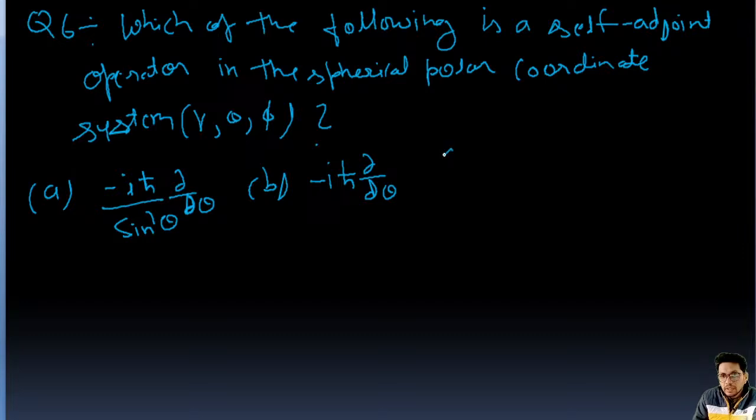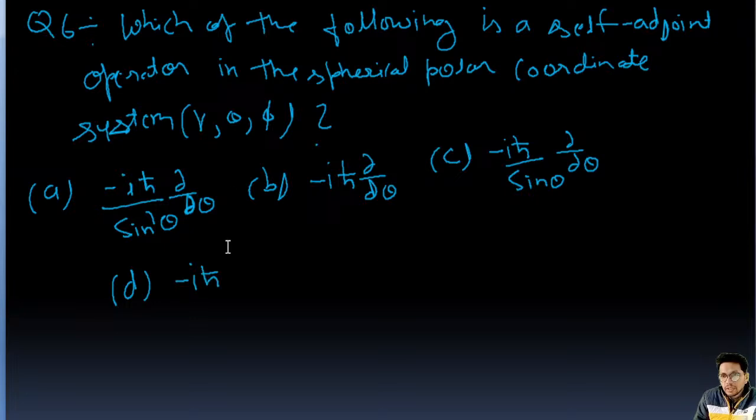Option C is minus i h cut upon sin theta del over del theta. And option D is minus i h cut sin theta del upon del theta.